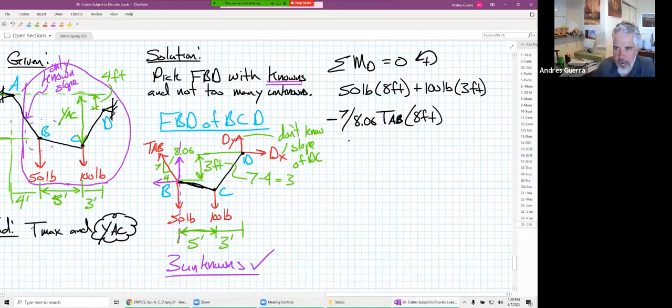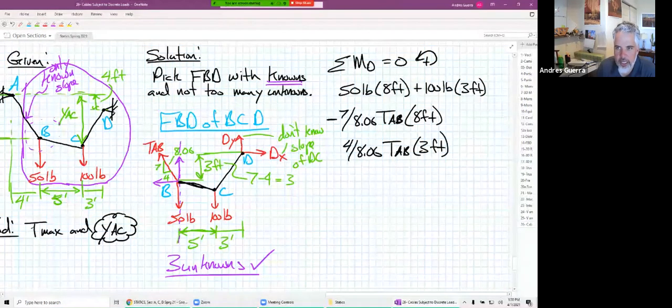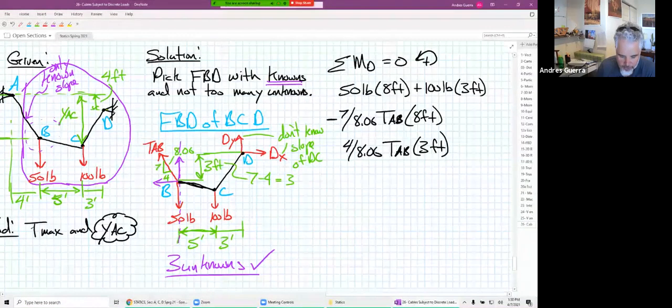And then how about our X component, 4 over 8.06 times TAB? That's going to be times that 3-foot vertical distance. And if we think about this line of action going here, what direction is that causing?